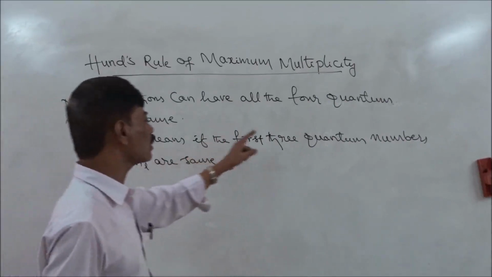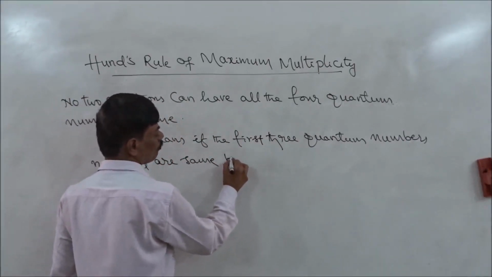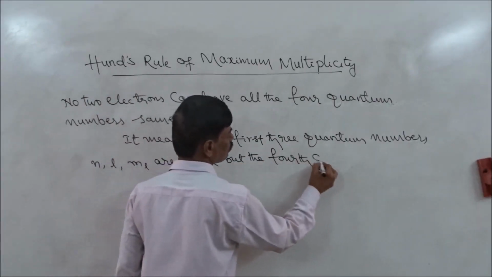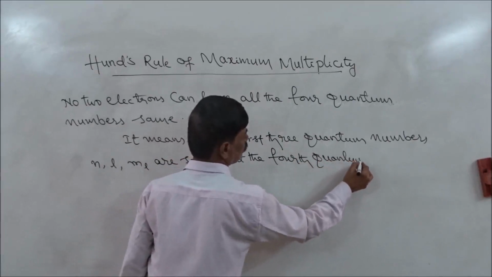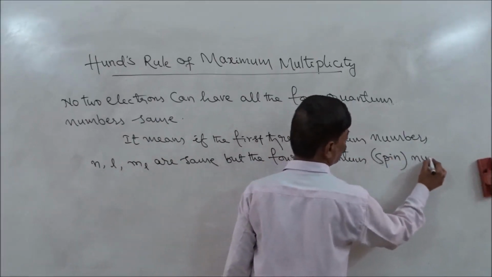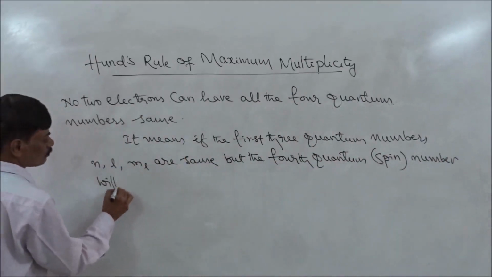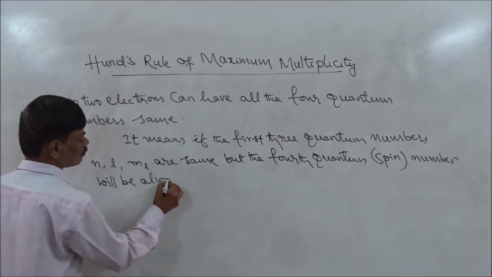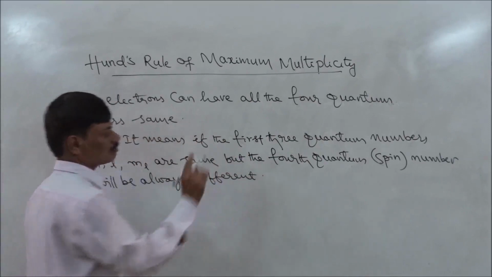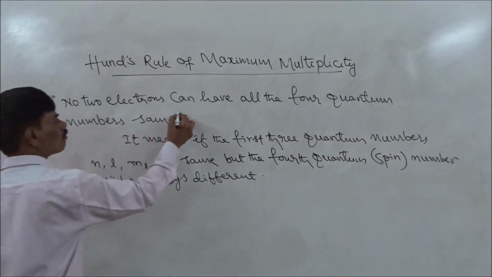It means if the first three quantum numbers N, L, ML are the same, but the fourth quantum number will always be different. That is the summary of Hund's rule of maximum multiplicity.